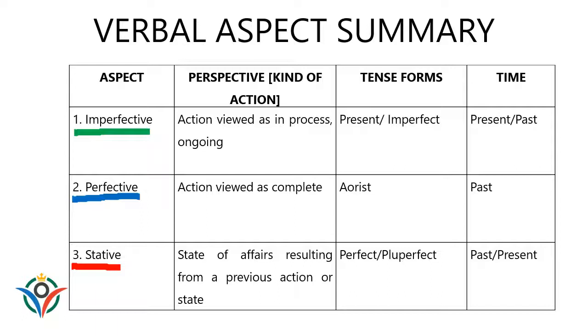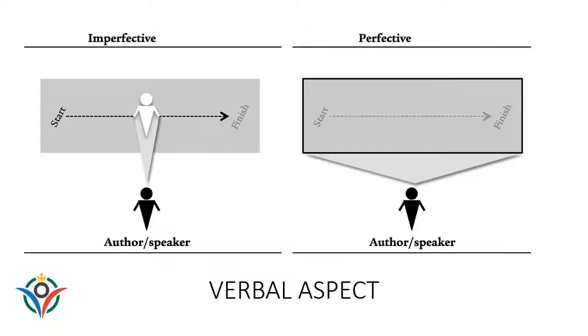What I'd like to do now is try and give you an example of each of the verbal aspects to help make these concepts clearer for you. On the screen before you now is a diagram showing the imperfective as well as the perfective verbal aspects.